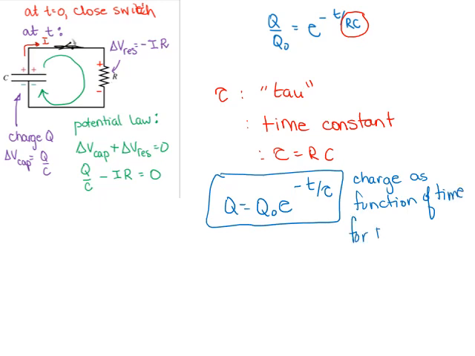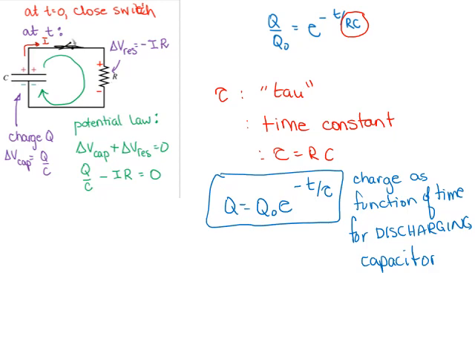And this is for a discharging capacitor. If you wanted to work it out for the charging capacitor, you would do a similar sort of working, but you might see a different expression.